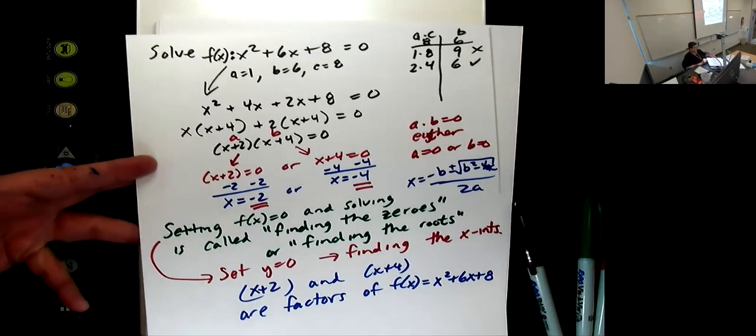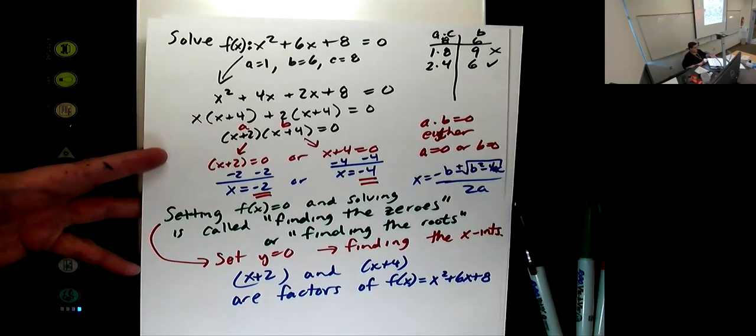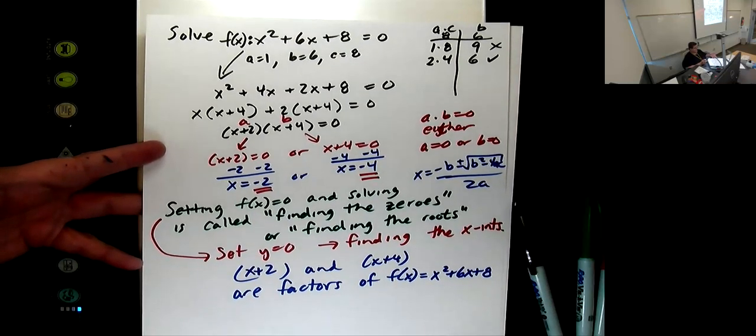Now, what happens if we change all this? What if I make it so a is not 1?